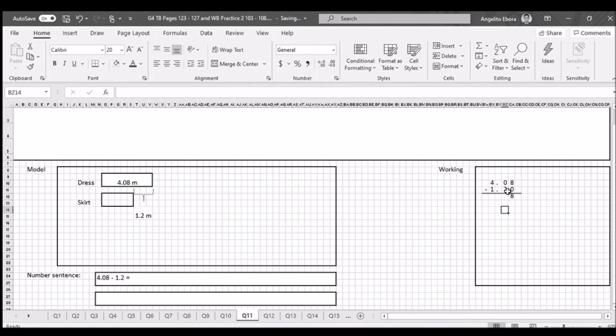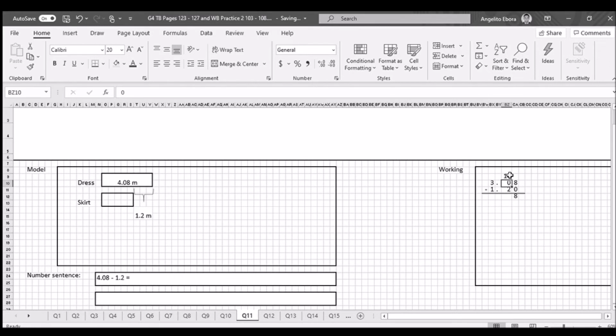So we cannot subtract 2 from 0. So we have to regroup these two, 0 and 4. So this becomes 3 and this becomes 10. So 10 minus 2 is 8. Oh, this one is 4 at first, right? And then it made it 3.